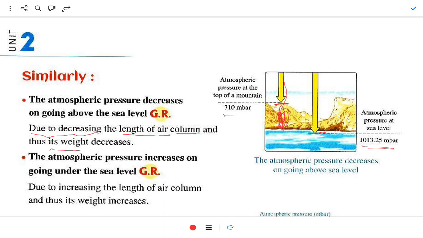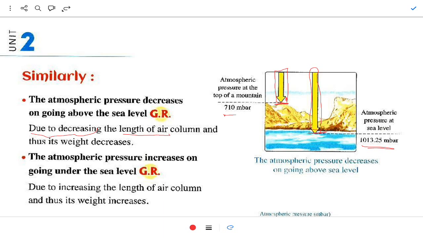So here I will show you now. Here you have this column to measure its mass, but here you will measure just this column. It's a short column, so due to decreasing the length of the air column, its weight decreases. So that is the answer.